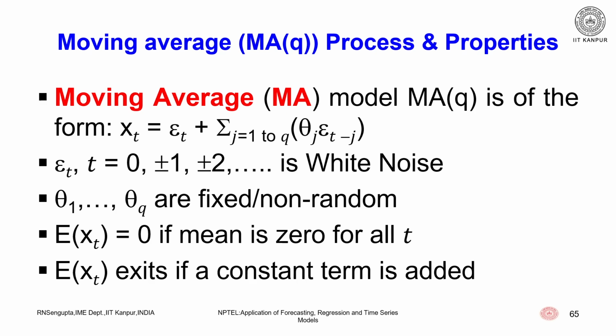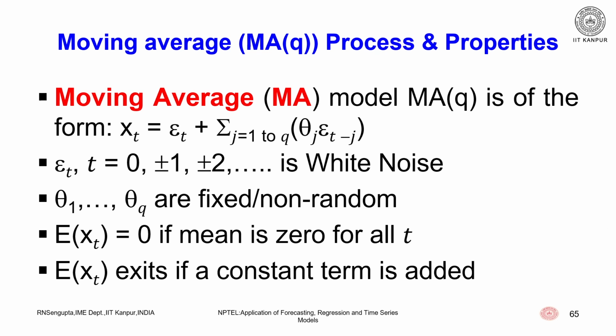The moving average with the parameter q is of this form, where x t is the time series which you have, this is an error term, plus the parameters theta 1 to theta q, because q is the parameter, multiplied by the error terms in the past going one step at a time.